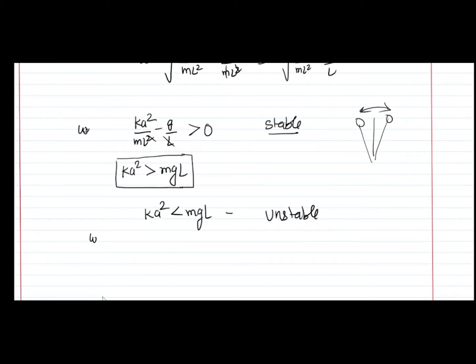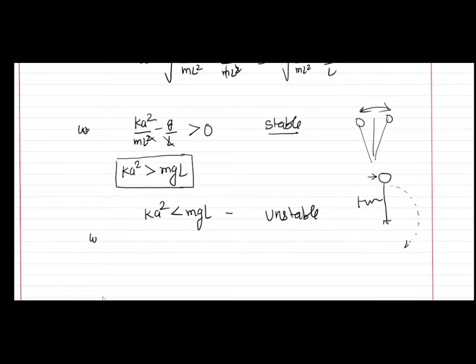And physically, if the system is in this condition initially and there is a spring, if I give some disturbance to this bob, instead of returning back to the mean position, it will move away this way. That means the system is currently in equilibrium, but an unstable equilibrium. When I give some disturbance to this mass, it will move and it will not come back to its initial position.